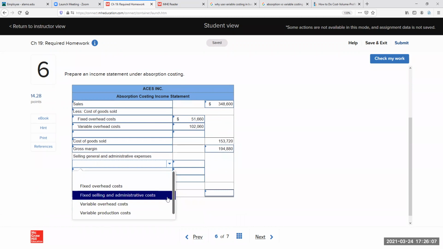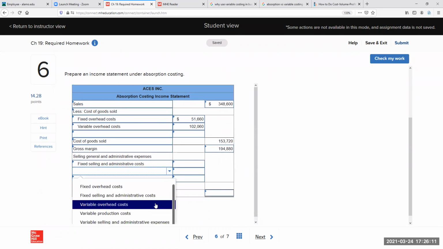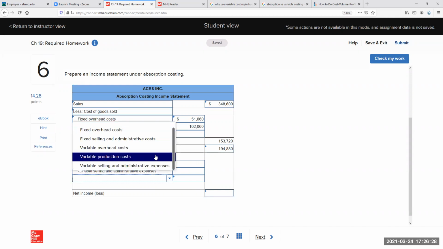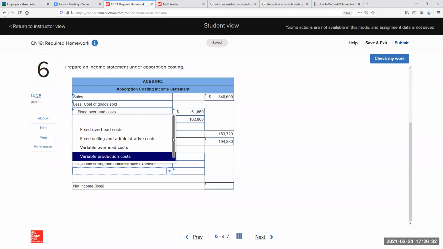But what's selling? Fixed selling and variable selling. If you're not sure what fixed selling is, you have to pay your salesman a base salary, and then commission above that. So the base salary is fixed, and this is their commission above that. And down here, this will be the total.